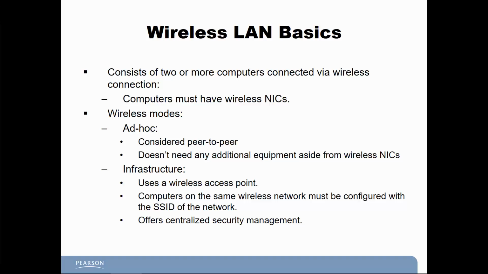Ad hoc is more of a peer-to-peer or device-to-device. There is no centralization. While infrastructure, there is centralization. Everyone connects to an access point and we connect to resources through that access point. Ad hoc, we actually just connect between our wireless adapters with no centralization at all.